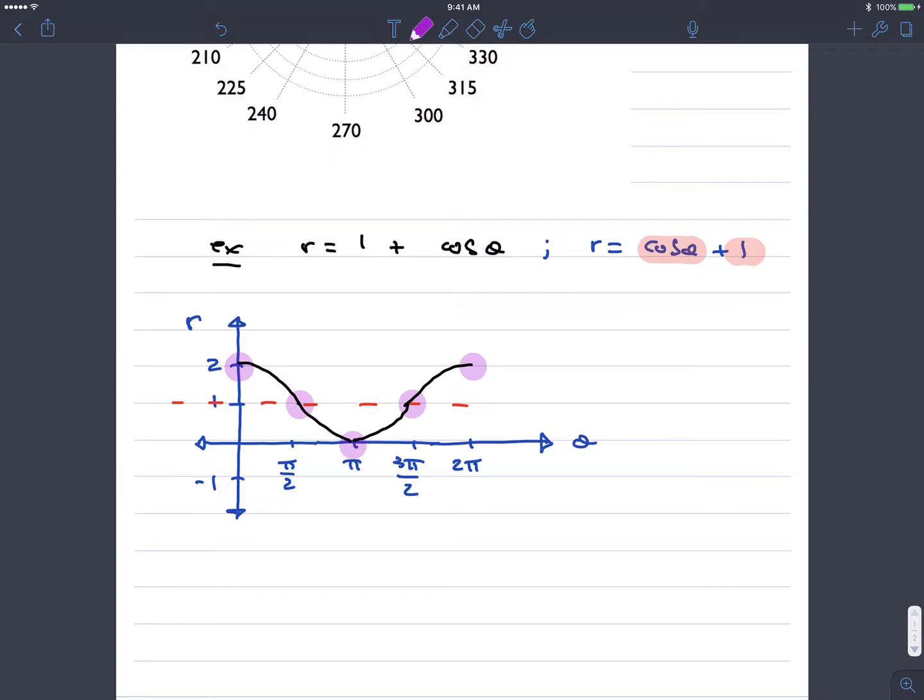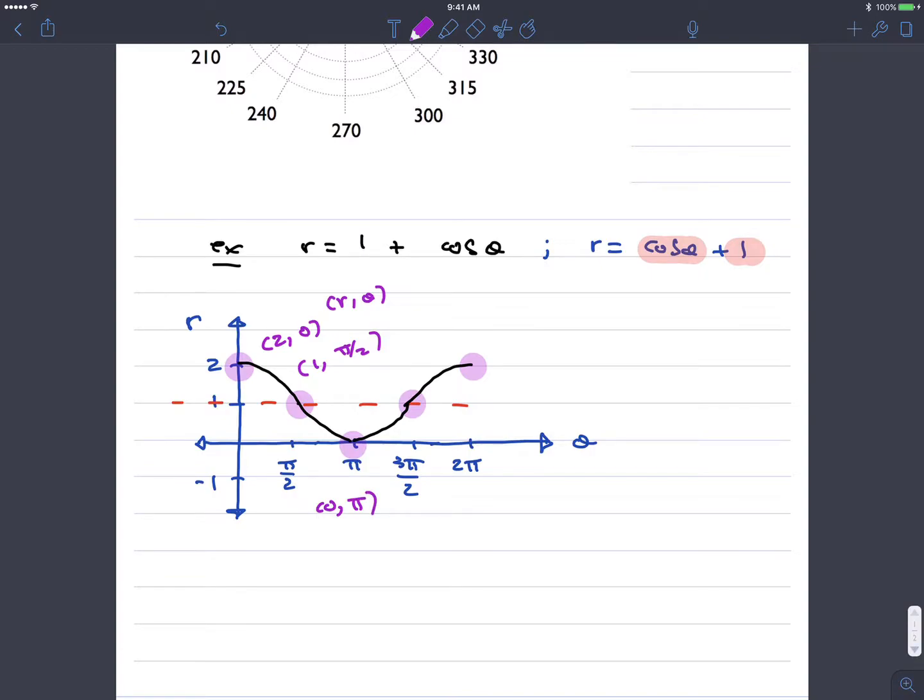What r versus theta? What is this first point here on the r-axis, right? Isn't that radius 2, angle theta 0? Isn't this radius 1, angle pi over 2? Isn't this radius 0, angle pi?